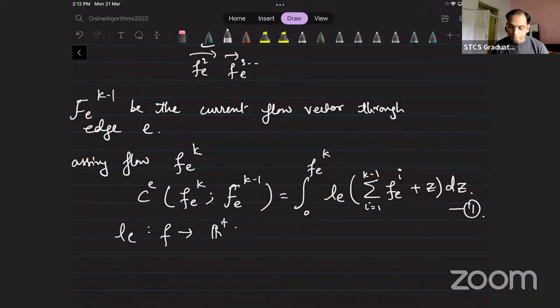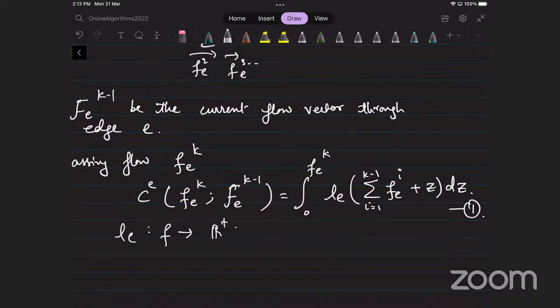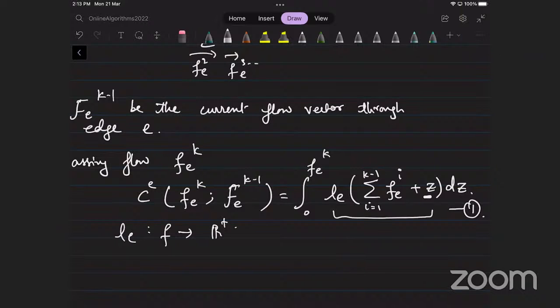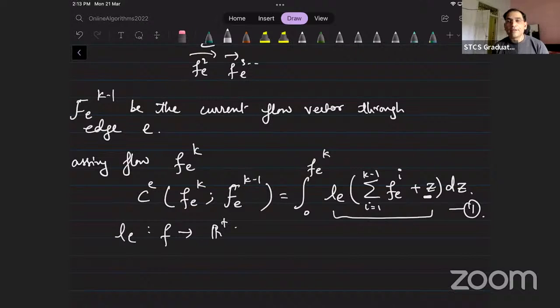I'm defining the cost of assigning an additional flow given my current status, which is script F_e^{k-1}. So from time k-1 to time k, I am increasing my flow by f_e^k, incrementally, by z. So that's my increase. If you fix a z and give a small amount of flow to it, this is my increase, and I'm integrating it with respect to the total flow you're giving me.